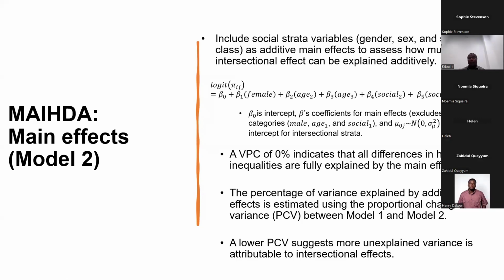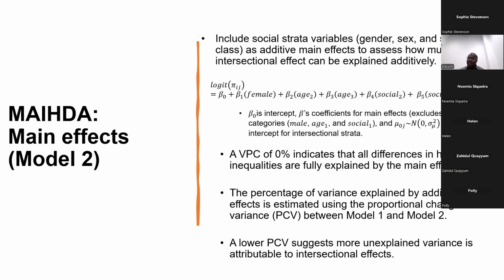And after incorporating them, the assumption is that, because in the first model you are able to see how much variance is in the intersectional strata, now, by controlling for the variables which you use to create this intersectional strata, you are trying to remove any variability which can be attributed to the main effect.